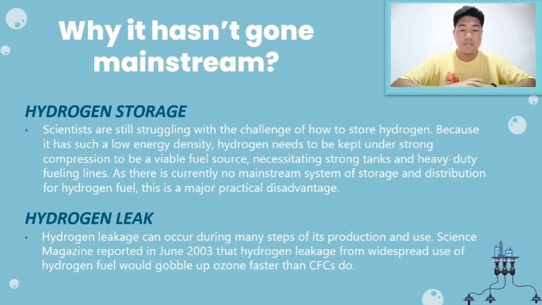So, data shows that there is still no major manufacturer who is willing to mass produce this type of tanks that are exclusively for hydrogen. And those companies who are just starting to build a small hydrogen power plant, still they are on a prototyping stage. That is why this is a major practical disadvantage.